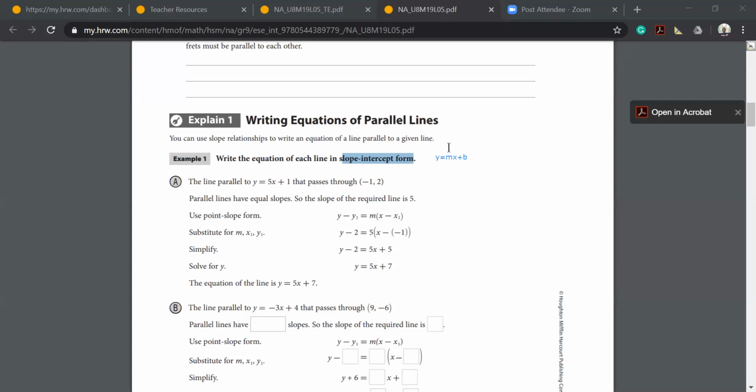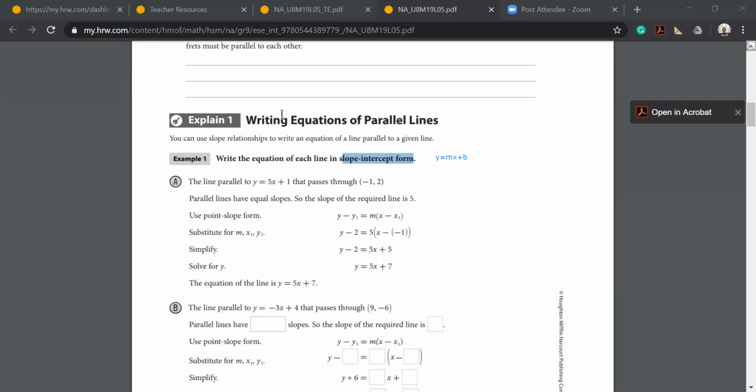Before, to find m, he gave us two points to find the slope from, y2 minus y1 over x2 minus x1, right? Now there is no graph, there are no two points, it's only one point, as you can see. But he gave you another piece of information, that the line you are trying to write the equation for is parallel to this line. We just said, when I have two parallel lines, their slopes are equal.